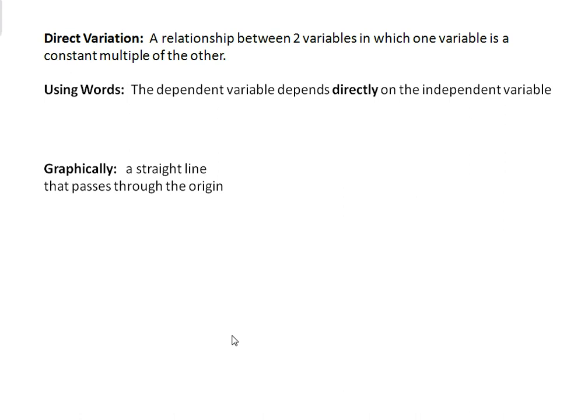Graphically, we know that direct variation is a straight line that passes through the origin. So it's very important to note that with direct variation, the line starts right at the point 0, 0. It increases up or decreases, but most importantly, it starts right at the origin, and our dependent variable is always some constant multiple or slope of our independent variable.